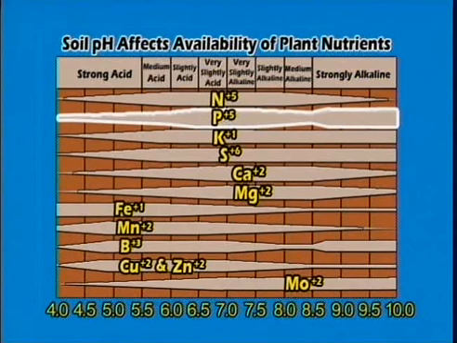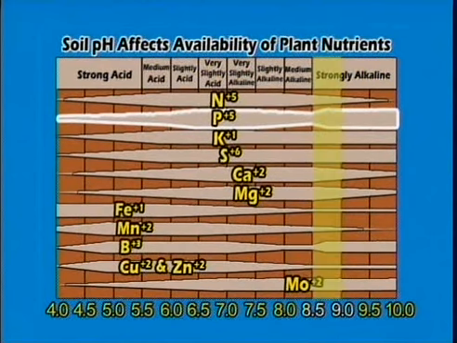That changes and it becomes quite soluble and quite available again up here at a pH somewhere between 8.5 and 9, but that is really not practical, in that soils with this pH range, even though phosphorus is highly soluble and therefore available, have many other nutrient deficiency problems related to solubility and improper pH.